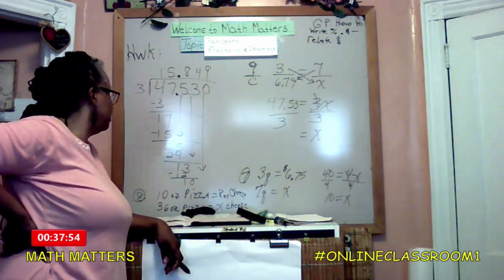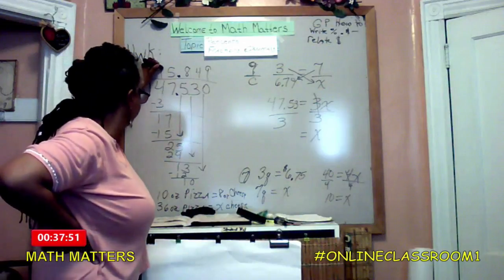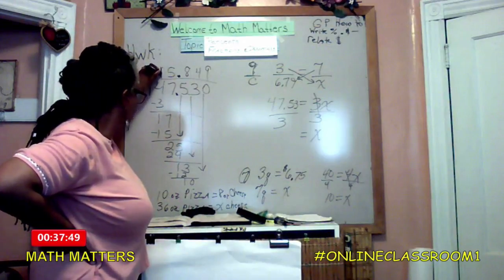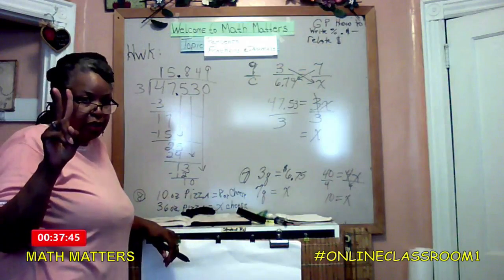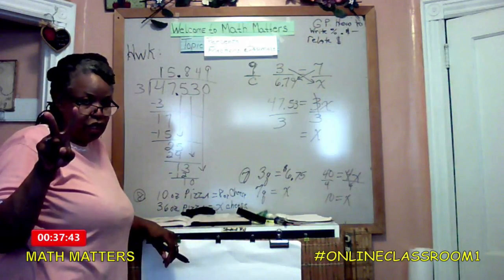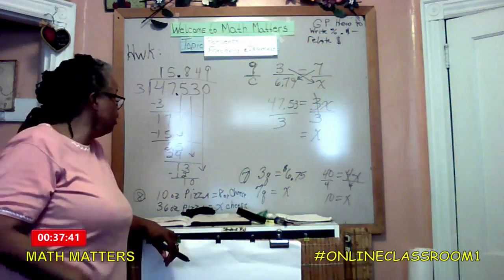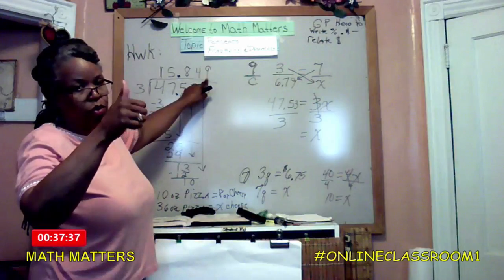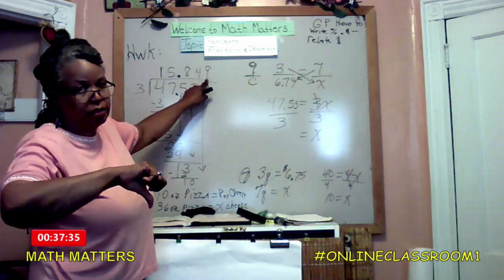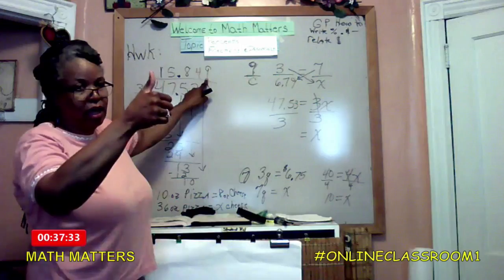Because we're dealing with money, students, we need to round off, because our money only goes 2 decimal places. That 9 tells us to round up or down. Which one? It tells us to round up.